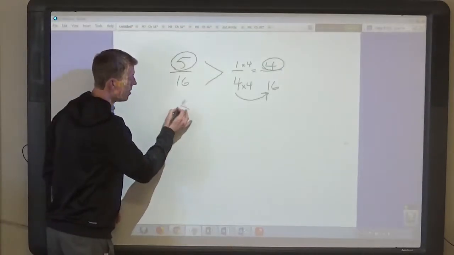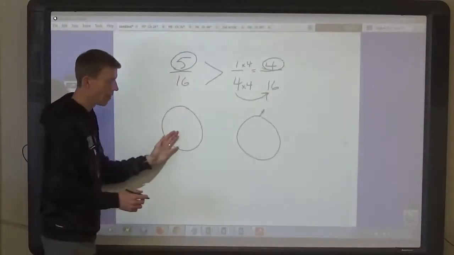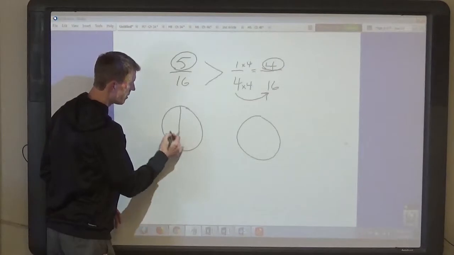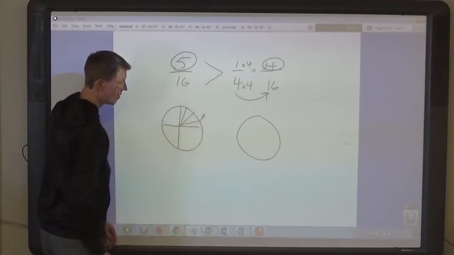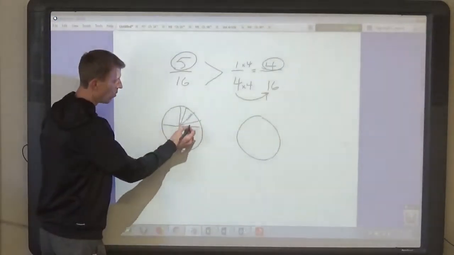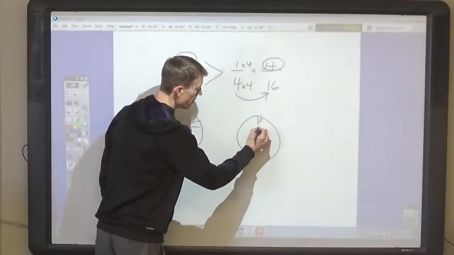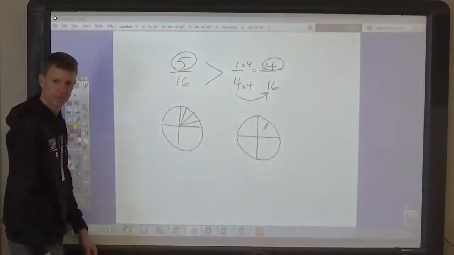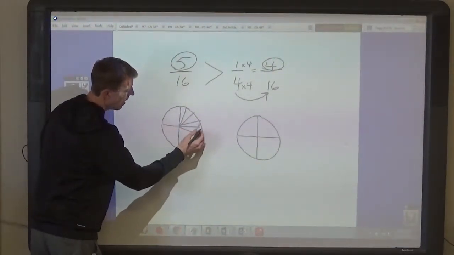No, because if we have 2, and let's say that these are the same size, okay? And one of them is cut into 16ths, which means that every fourth has 4 pieces. So 4, 8, 12, 16. Okay? And in this one, this is just 1/4. So in that case, this is 5/16.